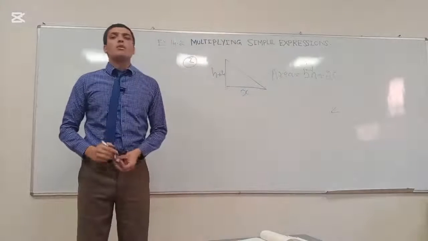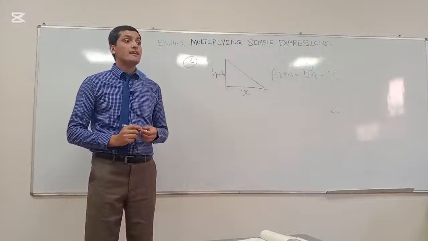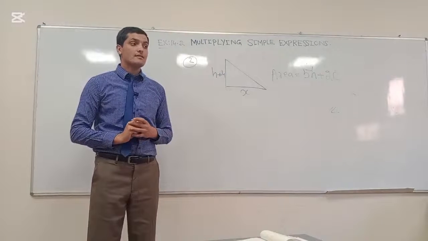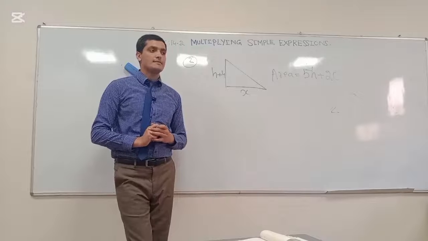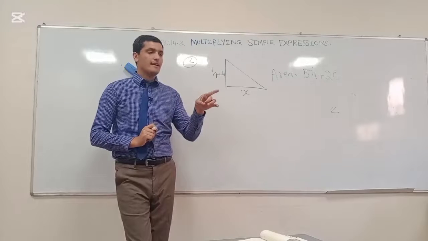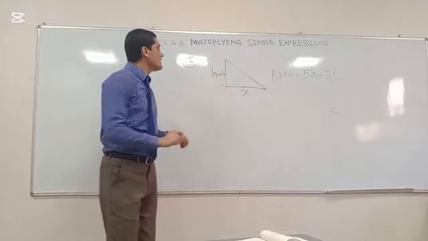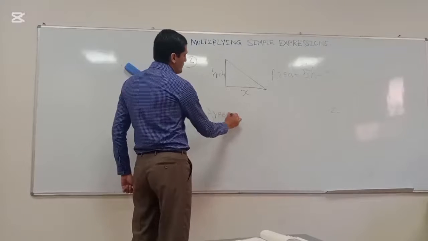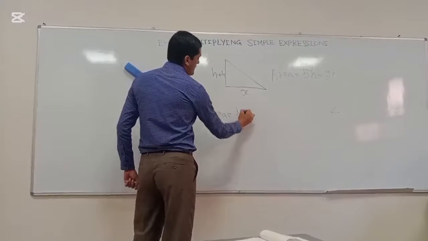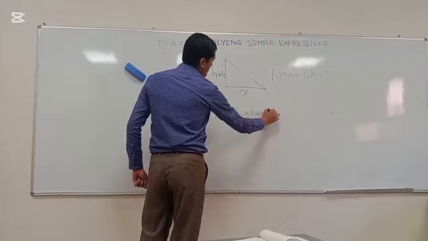Okay. Now, who will tell me the area formula? Zikriya, what is the formula of the area of a triangle? Great. The area is equal to 1 upon 2 multiplied by base multiplied by height.